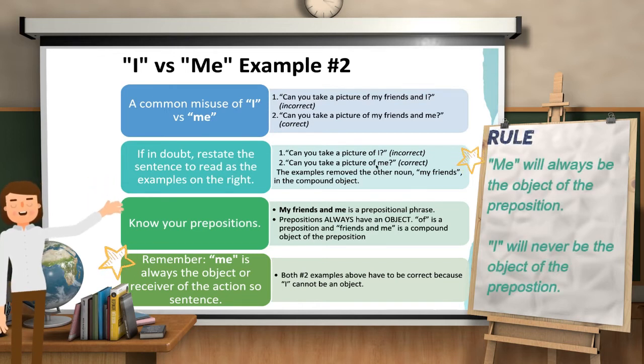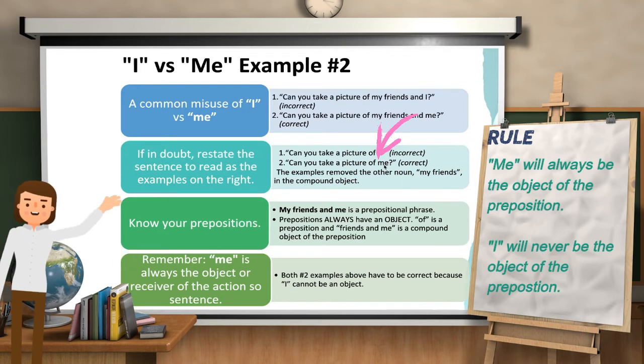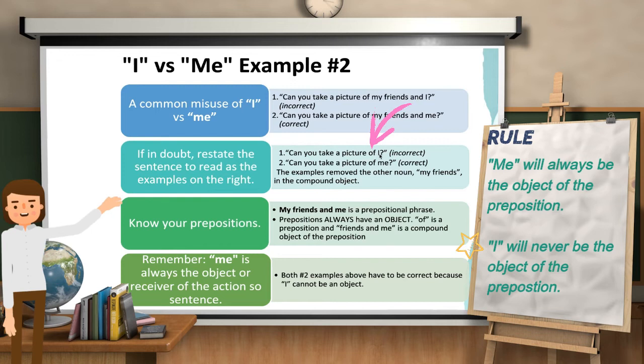And in this case, of is a preposition and of me. Me is the object of the preposition. I will never be an object of a preposition. So right off the bat, if you know that's a preposition, you know immediately that this is incorrect. So that's where knowing those prepositions is really important.